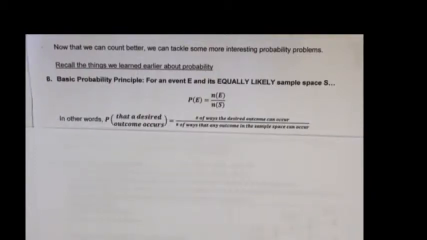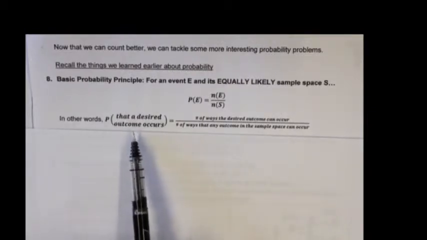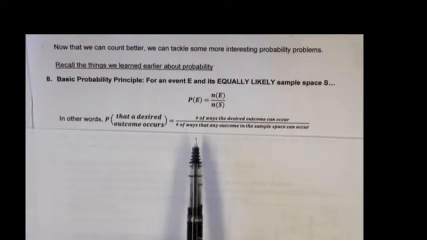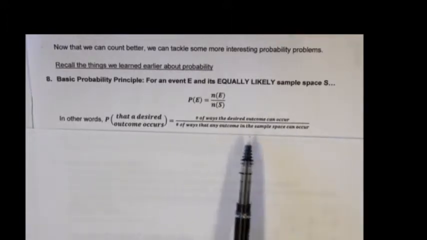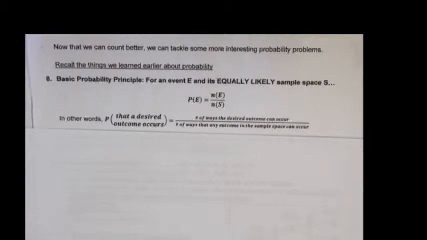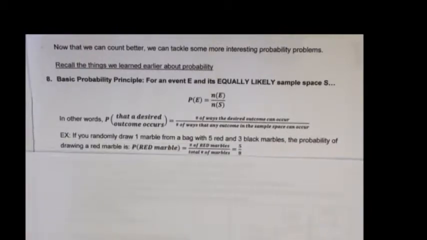Now, if you want to think of that in more concrete terms, you might say that the probability that you get a desired outcome is simply the number of ways the desired outcome can occur divided by the number of ways that any outcome in the sample space can occur. That's the basic probability principle.